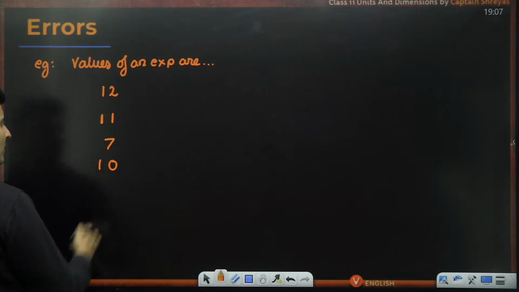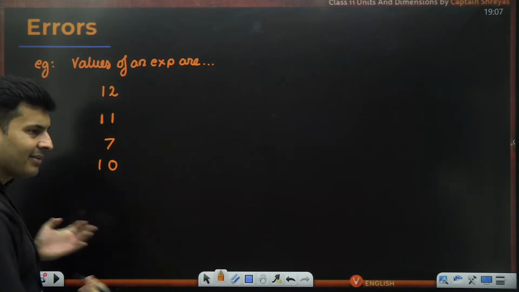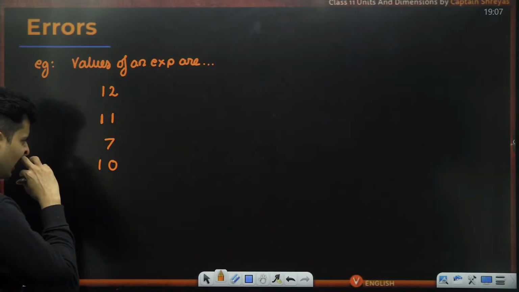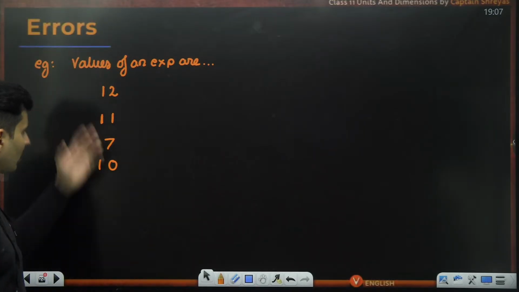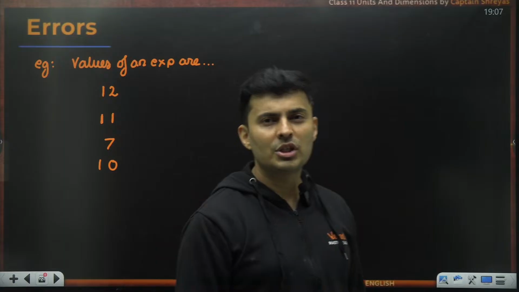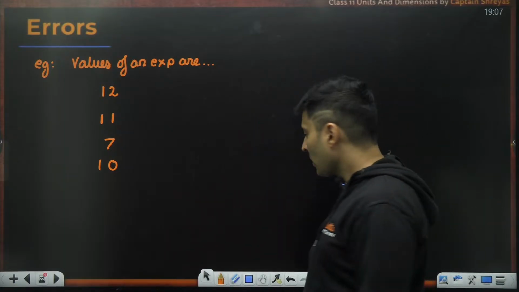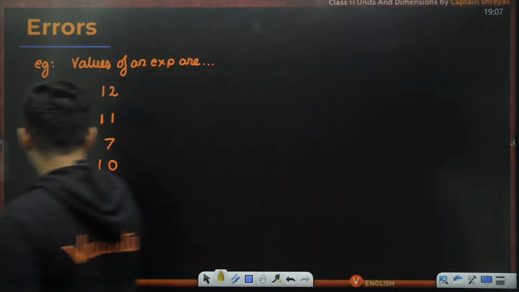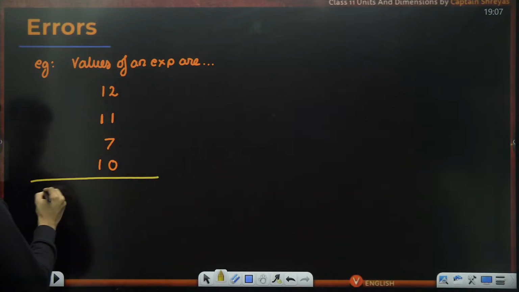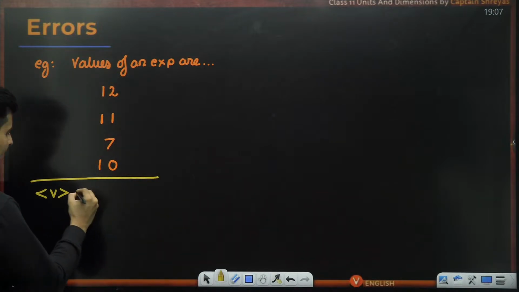These are the values which a person has got after multiple readings. The question is, find the final answer that you should be getting. There are 4 readings which you have taken for an experiment. What will be the first thing that you will do, my dear students? First thing, you will find the mean value, average value.